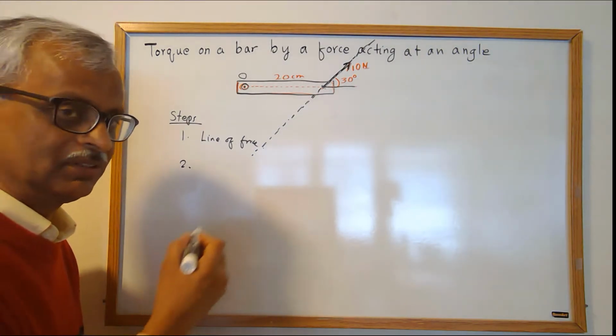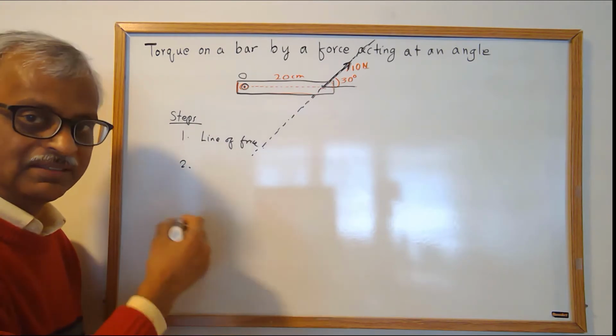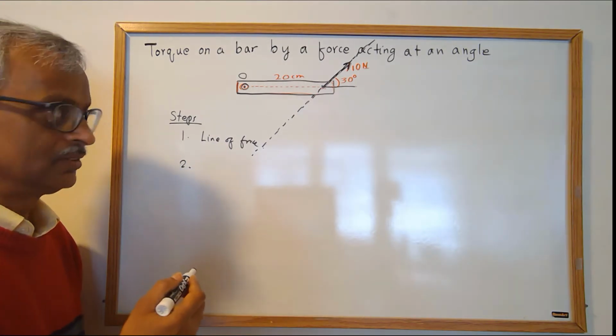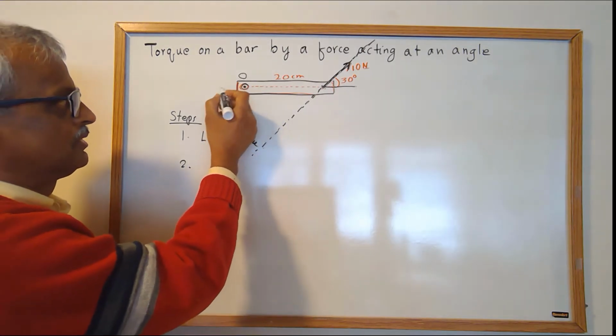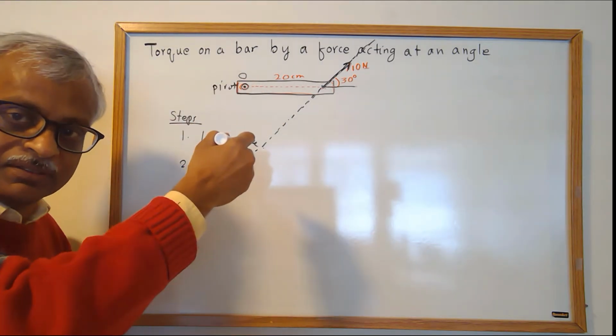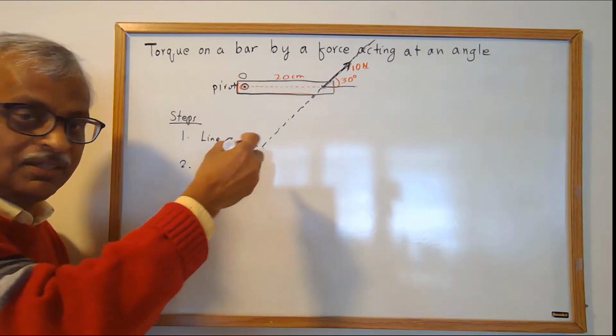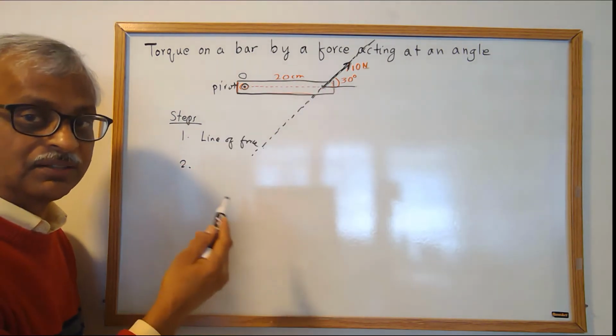The second step, and you should try to draw as I'm drawing it. It's very important for you not just to watch this video, but to draw as I draw and follow along. So the next thing I'm going to do is go to O, the pivot. This is also called the pivot point, about which I'm going to look for rotation, and I want to know the influence of this force in the rotation process.